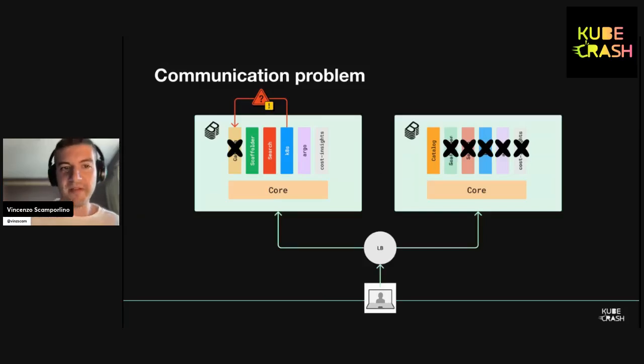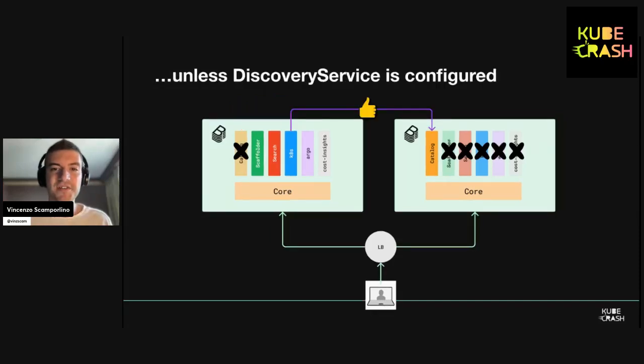If we go back to the previous example where the Kubernetes plugin wants to retrieve some data from the catalog, the plugin is not even present in the main instance anymore. So you will have a communication problem unless you configure Discovery Service properly. So a proper configuration of the Discovery Service is vital in this approach.